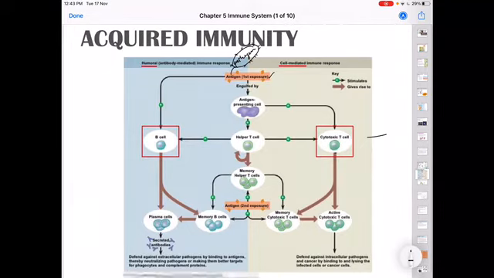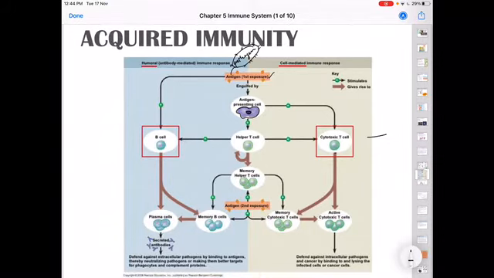Okay, when this antigen is exposed to the body, the antigen will be engulfed by the antigen presenting cell. Antigen presenting cell ni ialah satu sel, contohnya seperti dendritic cell. Dendritic cell dia akan makan pathogen tadi.